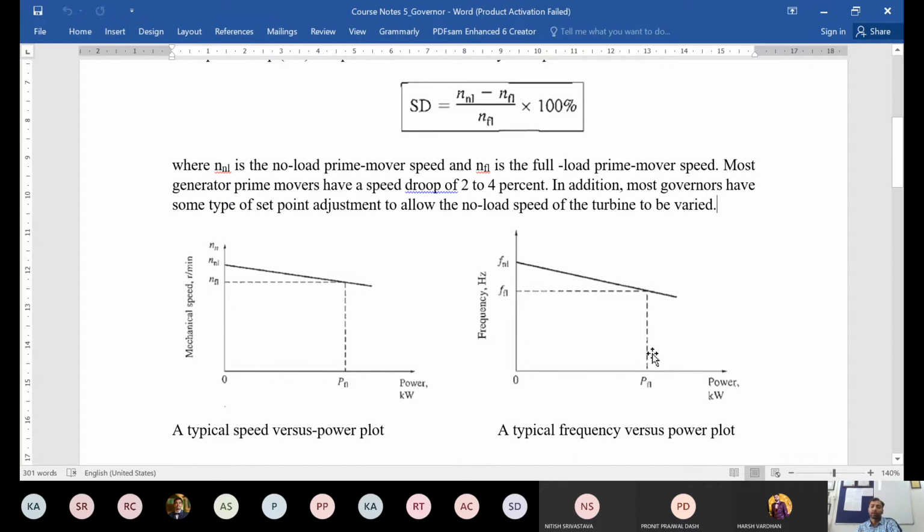So at the rated power output, it is operating at 50 hertz. Now, if suddenly the power demand increases, this point will shift towards the right, and accordingly the frequency will tend to drop. Whereas if the power demand suddenly reduces, this point shifts to the left, and the frequency tends to increase. So what would you like? Would you like the frequency to increase or decrease?